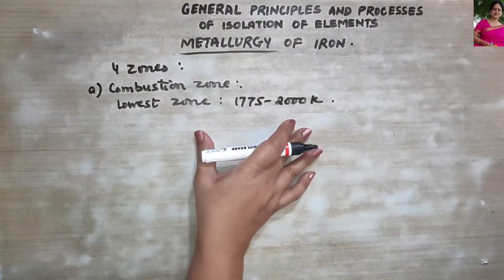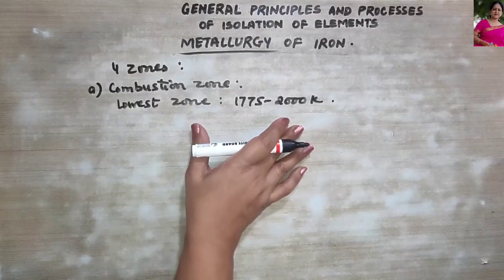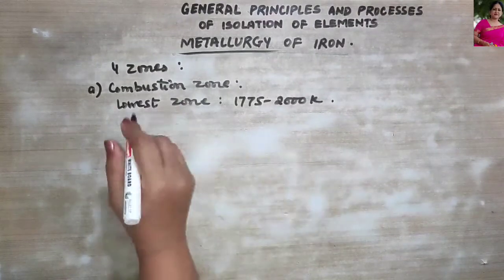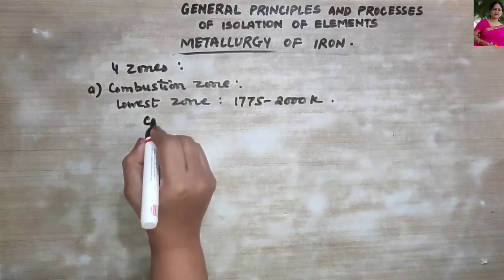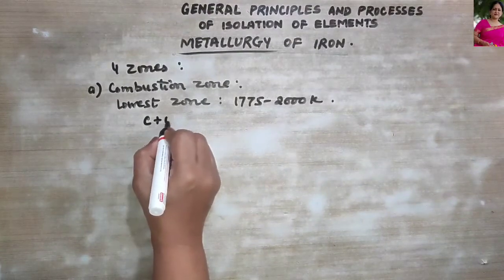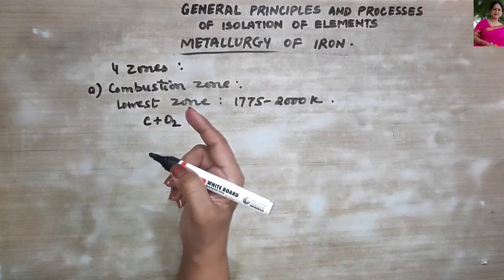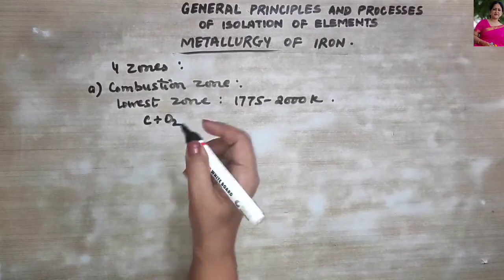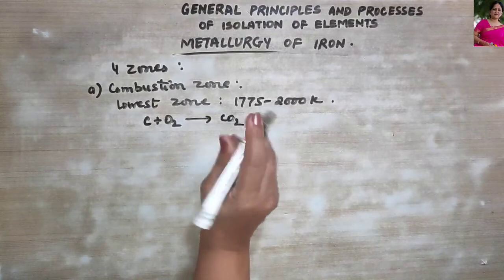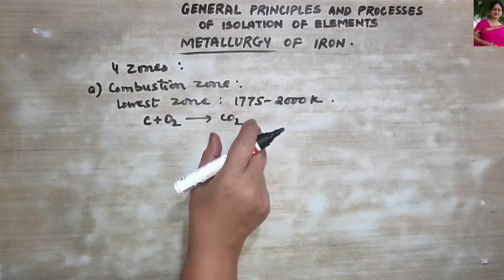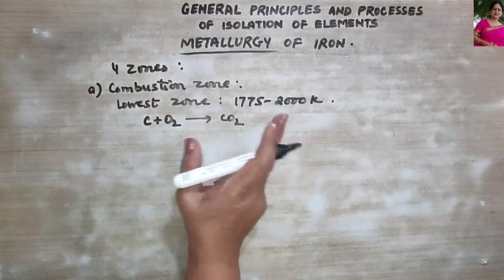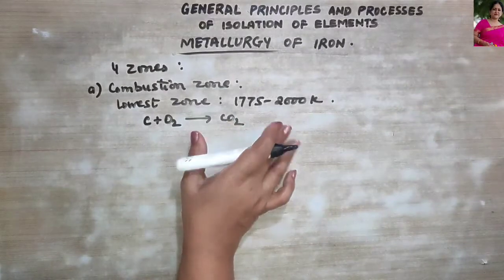What happens over here in the lowest zone? Here the coke, that is the carbon, combines with the oxygen which is being pushed into the blast furnace, and carbon dioxide gas is formed which rises up. This gas rises up in the blast furnace, right?